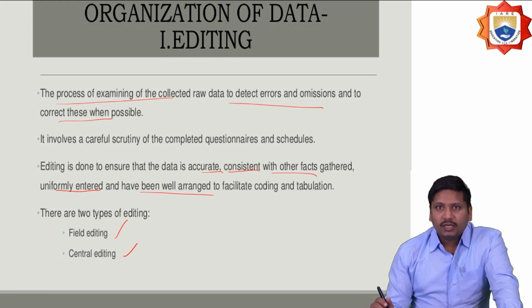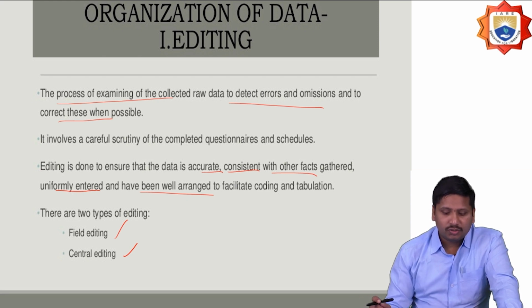So the very first phase of organizing data is the editing phase, where we process the raw data to find any errors or omissions, and we correct them whenever possible. It is very important to make a careful study of the completed questionnaires and schedules.